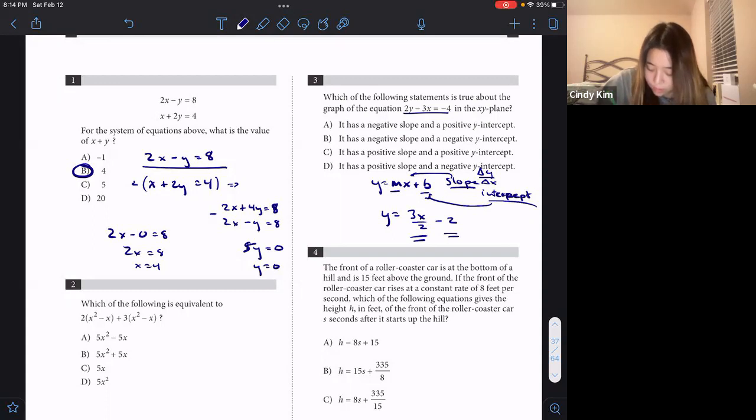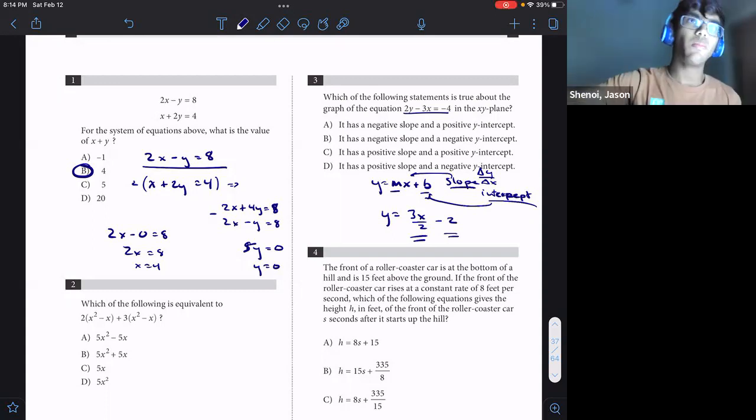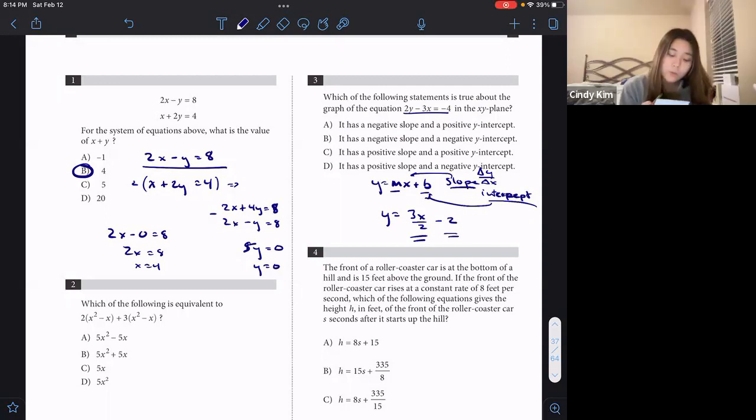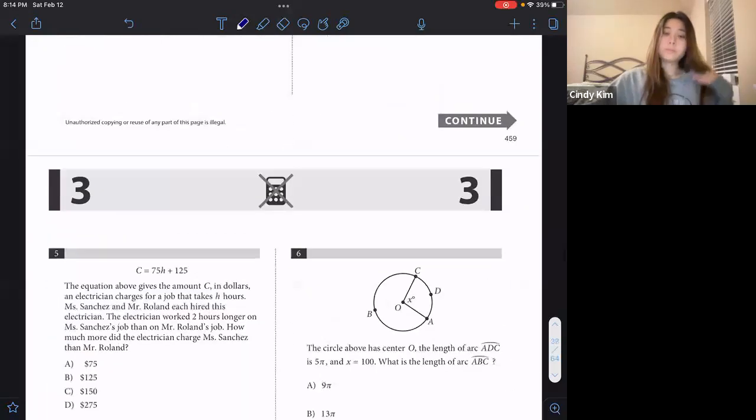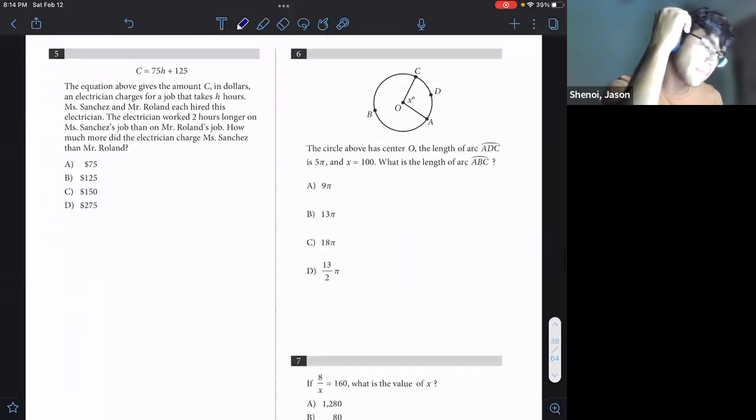Okay. And question number 5. I chose D, but I wasn't sure.